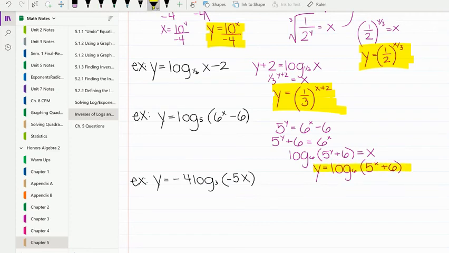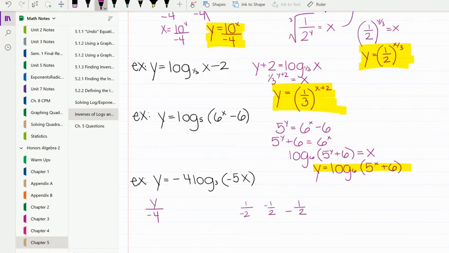Okay, and our last one. So we have y equals -4 log base 3 of -5x. Now that -5x is okay, but I need to get rid of that -4. So the first thing I'm going to do is divide by -4. Now when I divide by -4, I can leave it like that, but anything when we have a fraction, I can have it as 1 over -2, -1 over 2, or just -1/2.